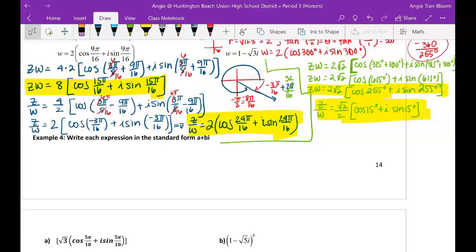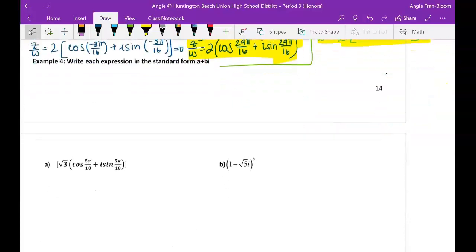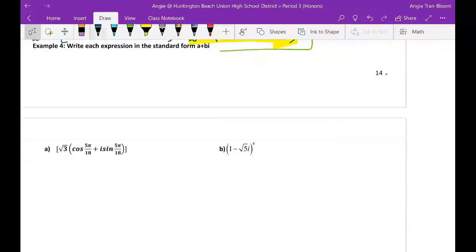Write each expression in standard form of a plus bi. I have some space down here, so we'll start here. A plus bi is the same as x plus yi, so don't be stressed out if you see different variables.